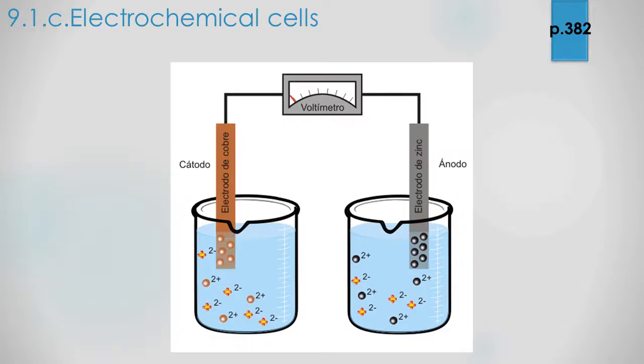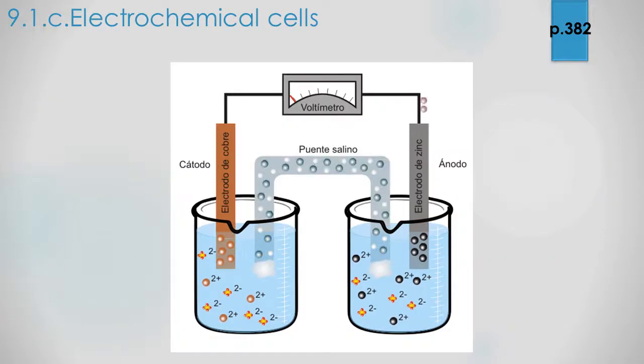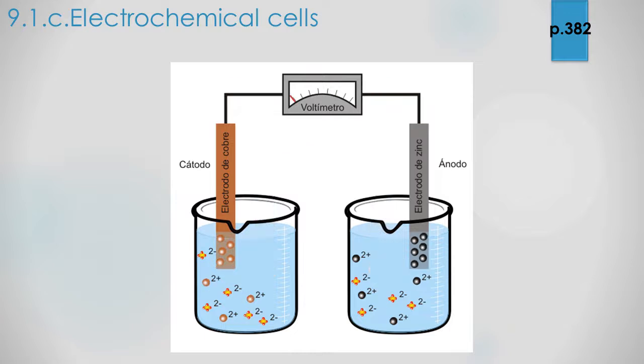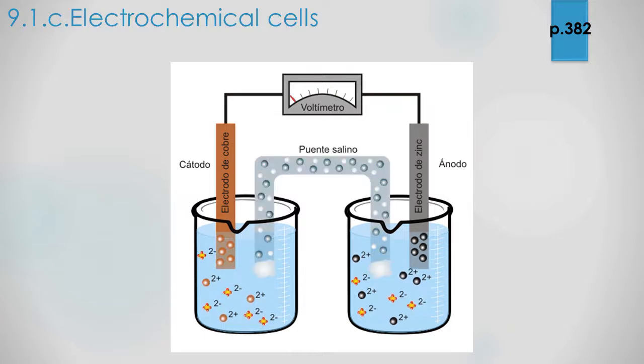Summing up what we studied before, as you can see, this is the cathode, this is the anode. It's not necessary that the anode is always placed on the left-hand side, as you notice. But what you need to know is that electrons always go from the anode to the cathode.